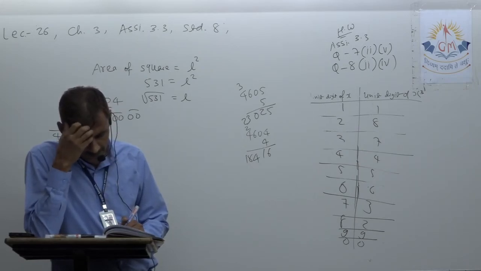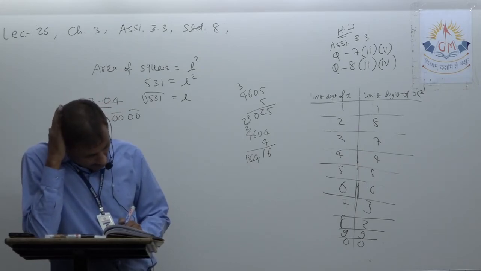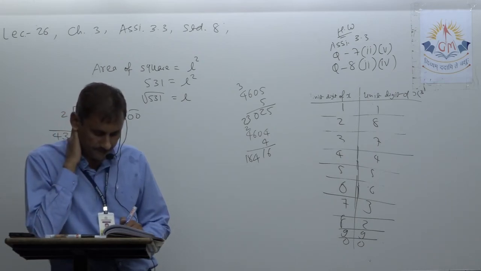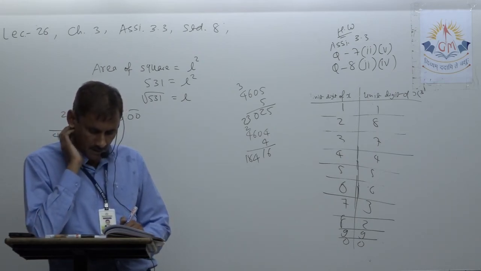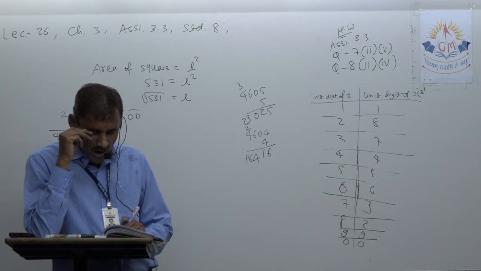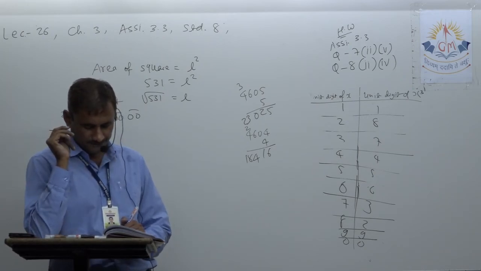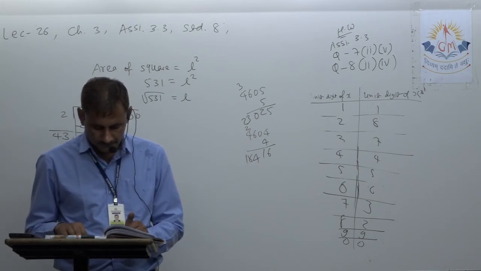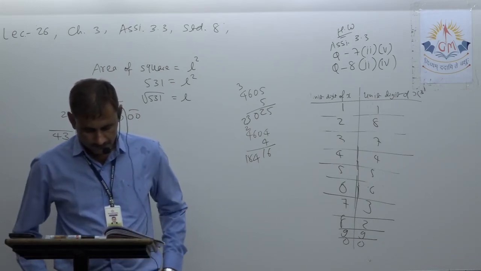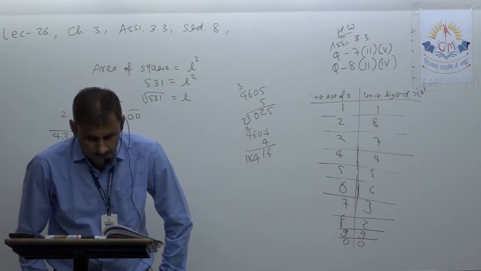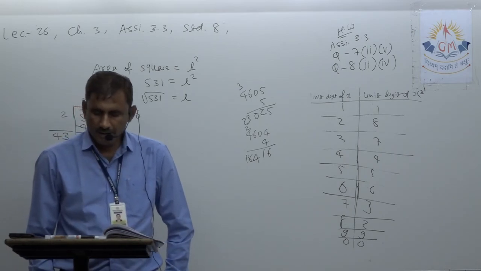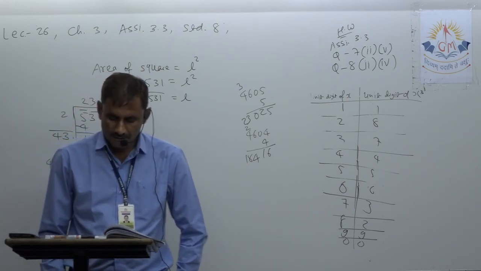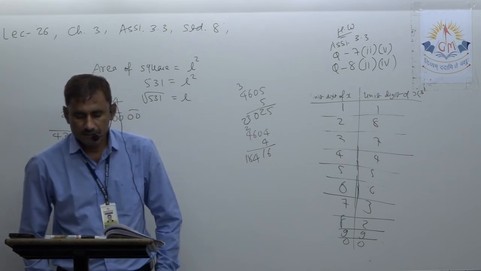Cube of a natural number which is a multiple of 3 is a multiple of 27. So what they are telling, understand, the cube of a natural number which is a multiple of 3 is a multiple of 27.